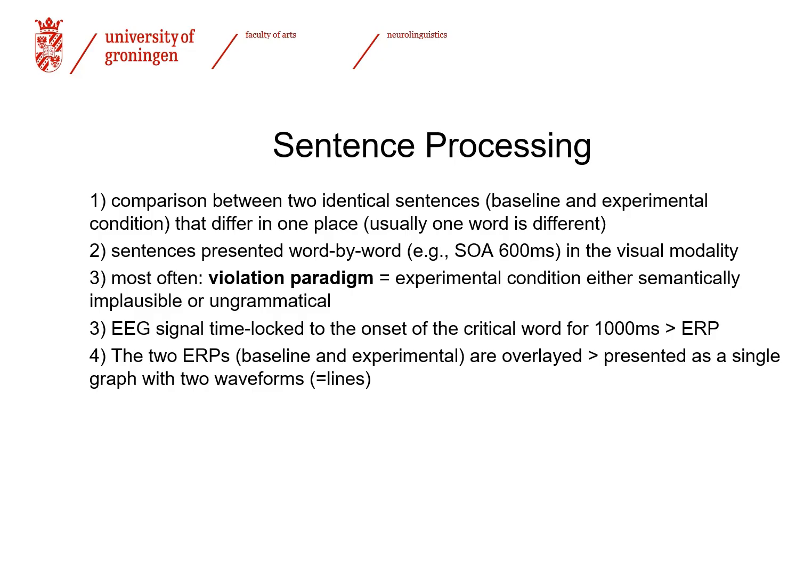After that, there is a lot of pre-processing and a lot of methodological things to do, but let us imagine that we are going to overlay these two ERPs, one presenting a baseline and the other presenting the experimental condition, and we are going to present a single graph with two waveforms or lines, and we are going to look for a difference between the two. How exactly is coming right up.